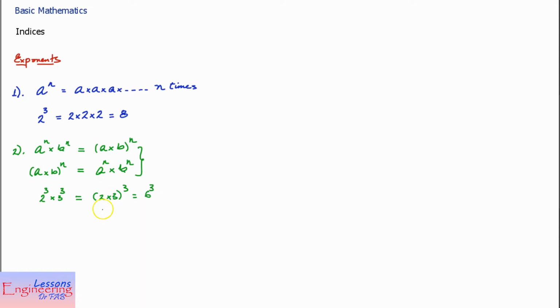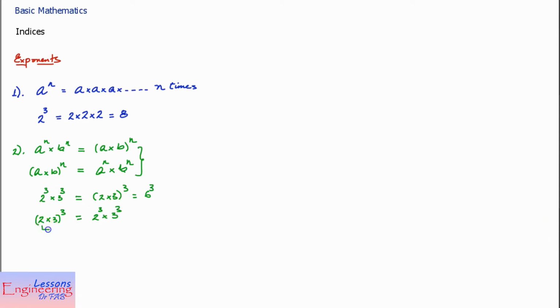Now, if we had the other form given, which is 2 times 3 the whole raised to 3, we can decompose that into 2 raised to 3 times 3 raised to 3.